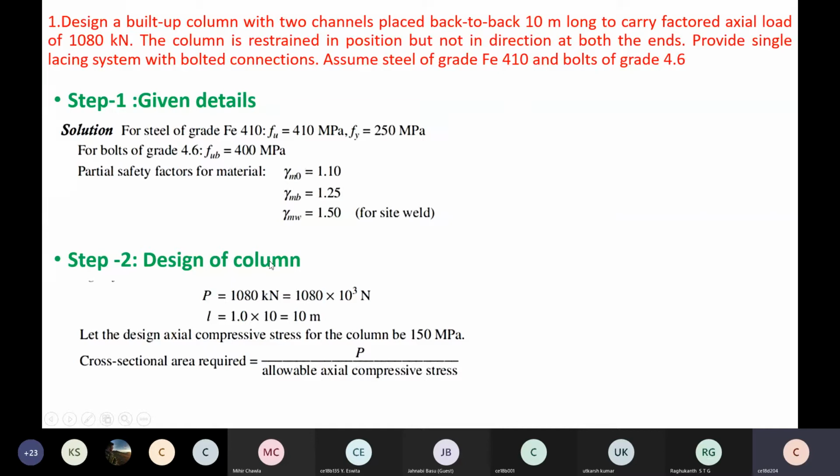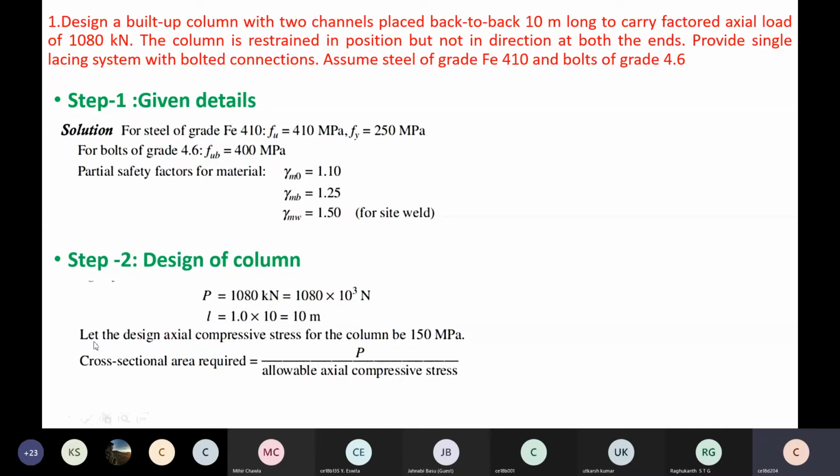In the second step, we go for the design of the column. The factored axial load is 1080 kilonewton and the length is 10 meters. As sir already told, we either assume the slenderness ratio or assume the design axial compressive stress.